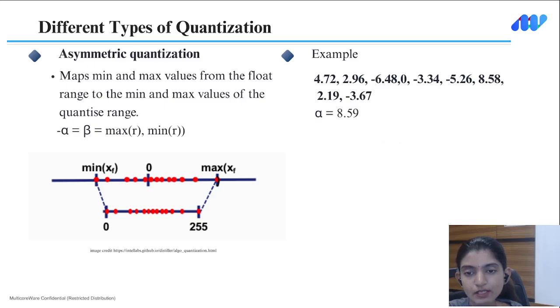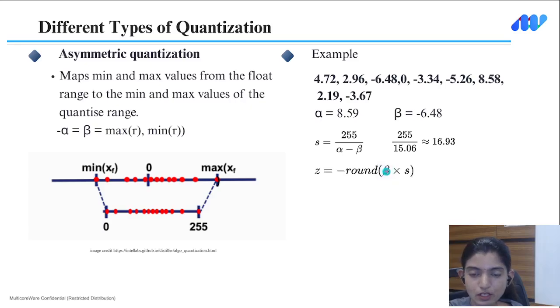So alpha is 8.59, which is the maximum value, and beta is minus 6.48, which is the minimum value here. The scale factor here, since we are taking the full range, is 255 divided by alpha minus beta. So we will get approximately 16.93.